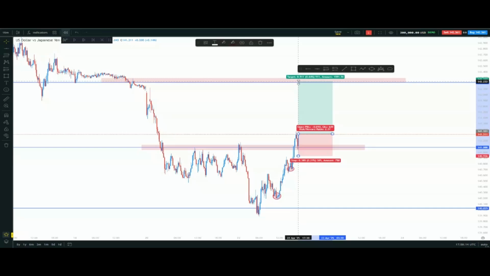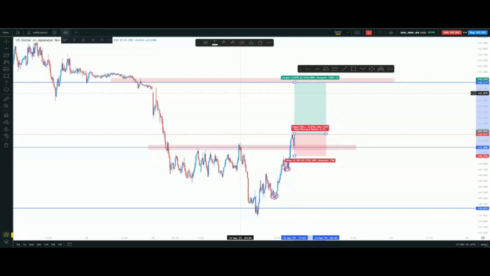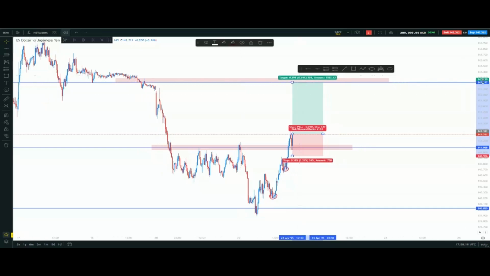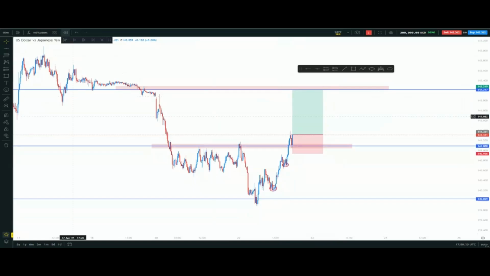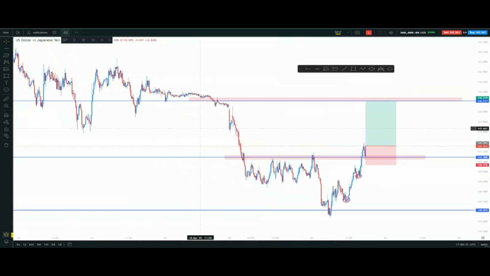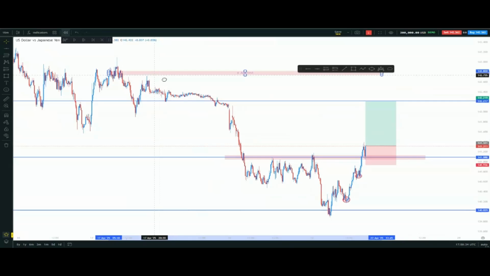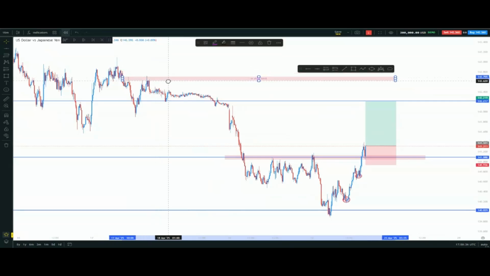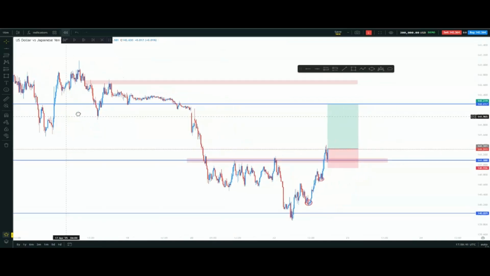Alright, so you can see here I was targeting, sorry, it wasn't this zone, it was actually this high up here, right? I was targeting this high up here. Let me make it really quick. This zone up here, right? I was targeting this zone as a swing high.